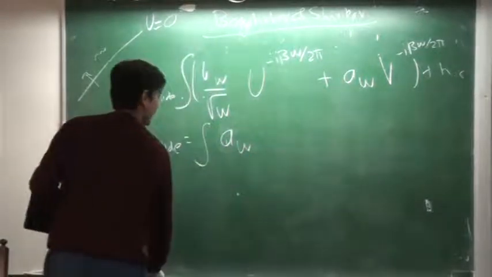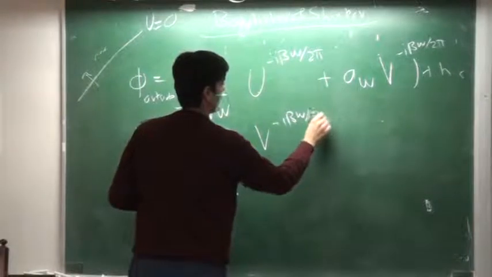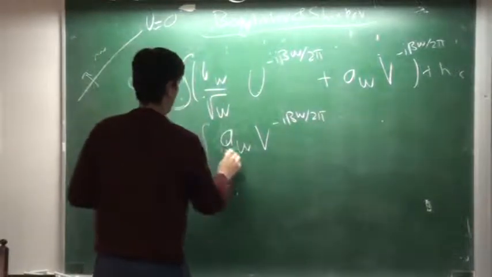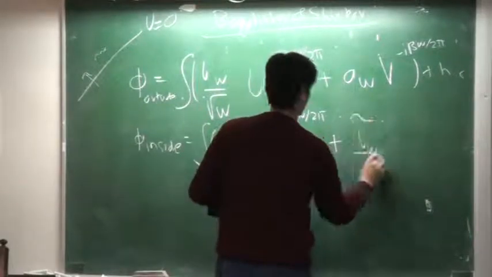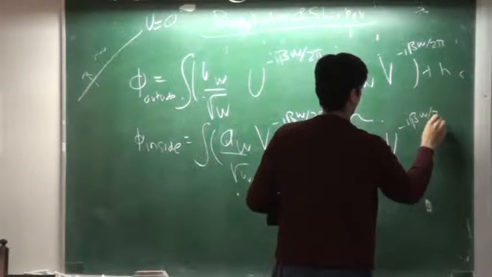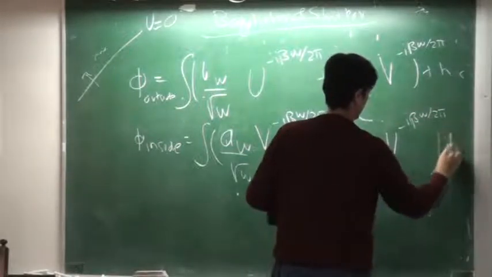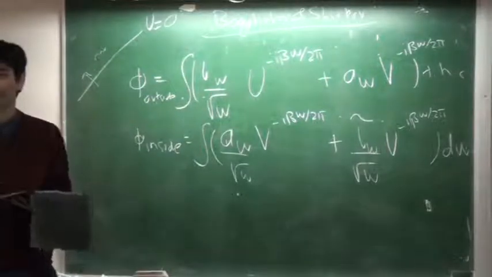This is A omega times V to the minus i beta omega by 2 pi, plus V omega tilde over square root omega. Okay, so this is the mode expansion. Right now I've just written some modes.